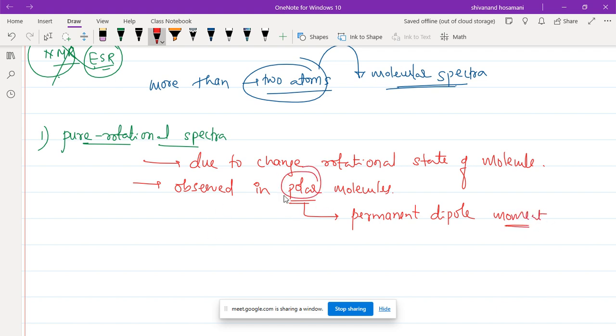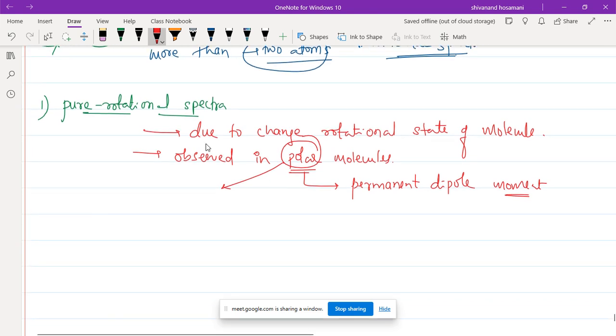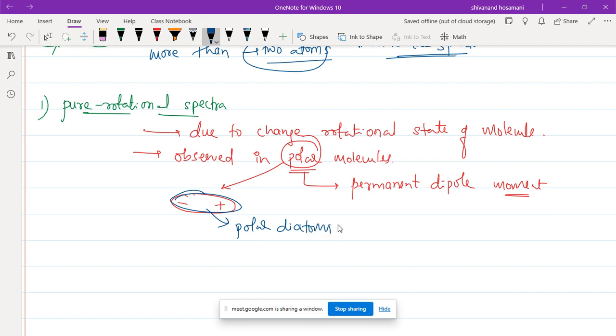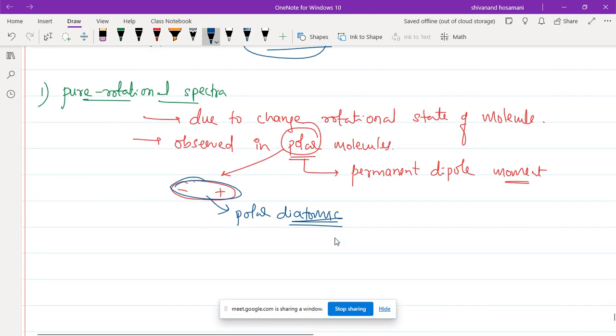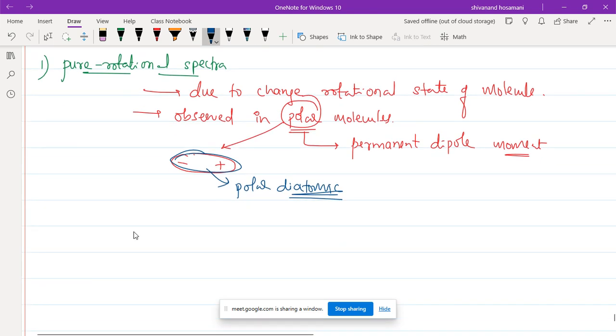Polar molecules are the molecules which have a positive part and a negative part, two separated parts. We call this a polar diatomic molecule.